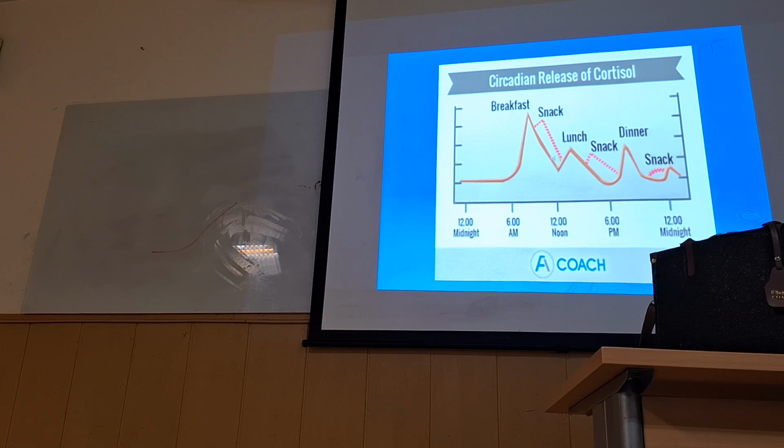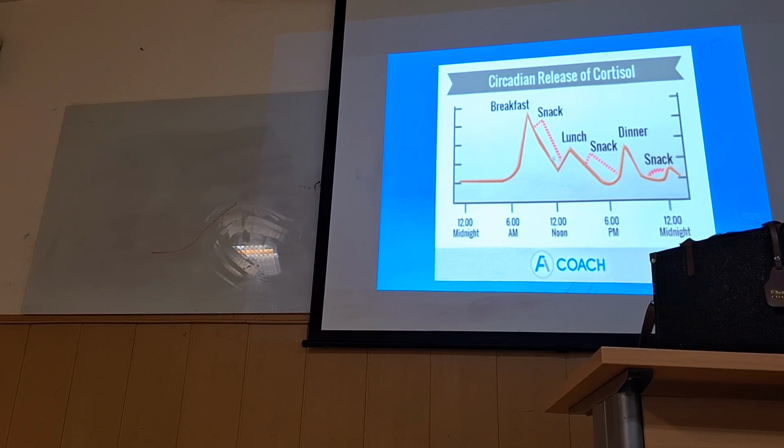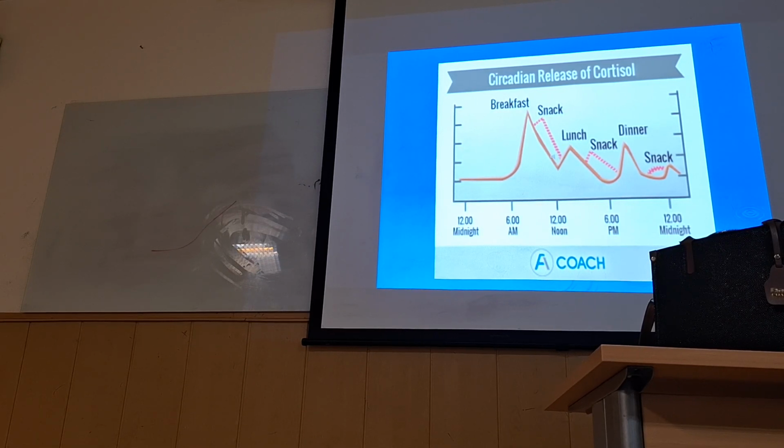Yes. In this slide, you see the circadian rhythm. Cortisol has a circadian rhythm in our body. This slide shows the circadian secretion of cortisol. Aldosterone and thyroid hormones do not have a circadian rhythm, but cortisol has circadian release.